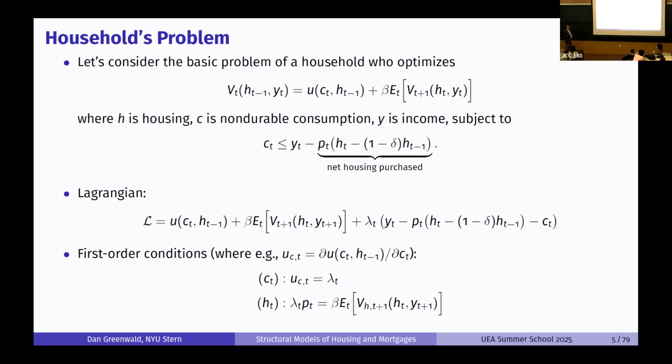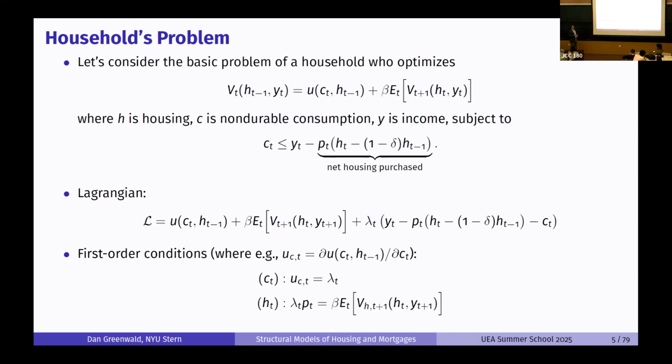Often in these models, by the way, you have to make some kind of assumption about whether you actually get to consume the house the period you buy it. It doesn't really matter, but in this case, I'm assuming you come in with the house. That's the one you're living in while you're deciding how much housing to buy. And then if you buy a new house, it will start applying next period. And then you have your continuation value from your housing choice today. Oh, and this should be your income tomorrow.